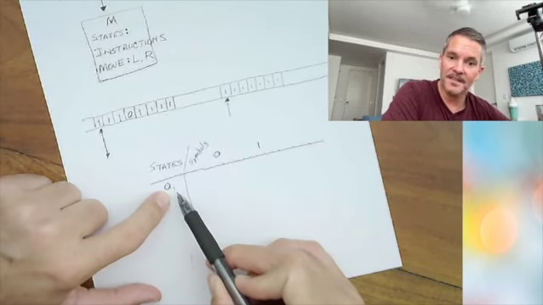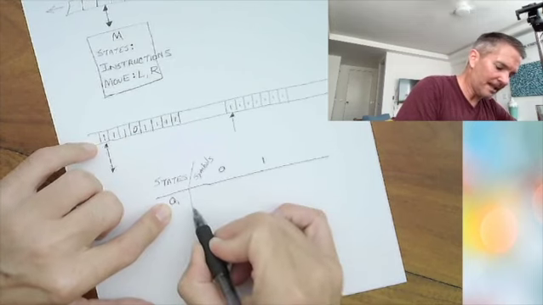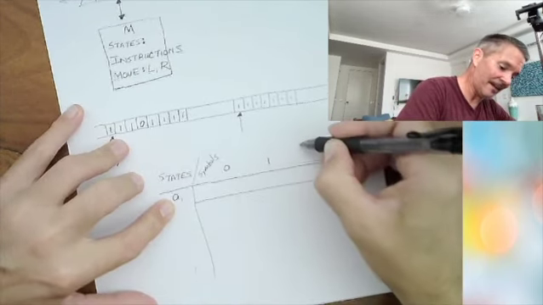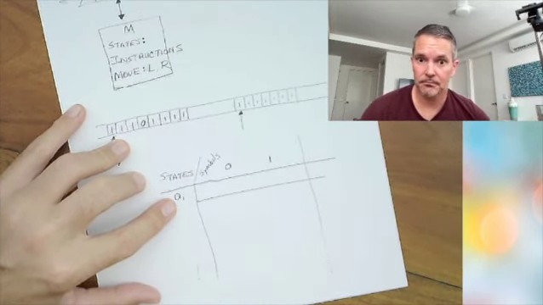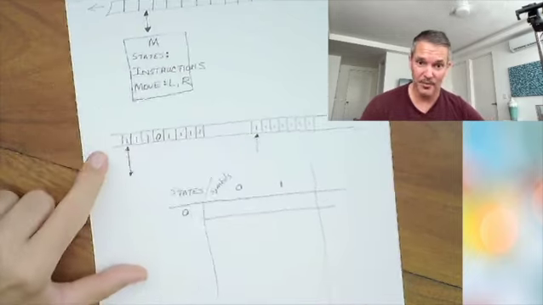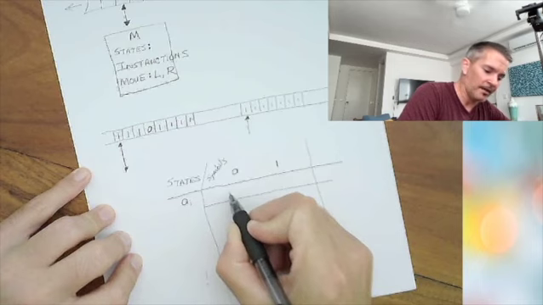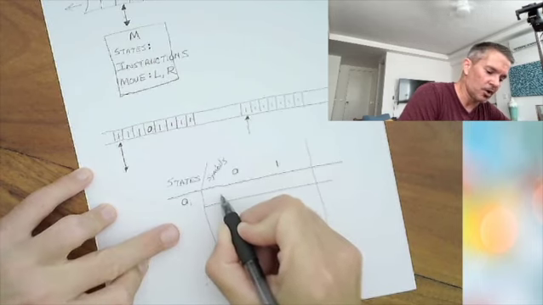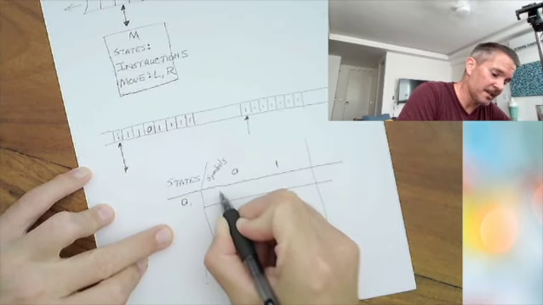When you're in the state of Q1, if you're looking at a 0, well, that's an invalid machine. It's not supposed to ever start pointing at a 0. So I'm just going to say here that we will change the state to what we're going to call an error state.